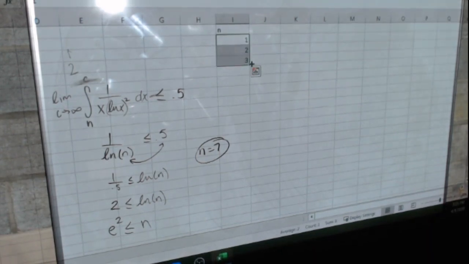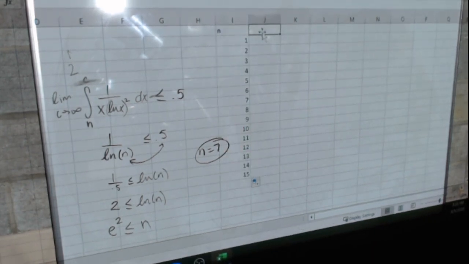It says we only need 7. Let's go to maybe 15. This column is going to be our function, which is 1 over n times natural log of n.